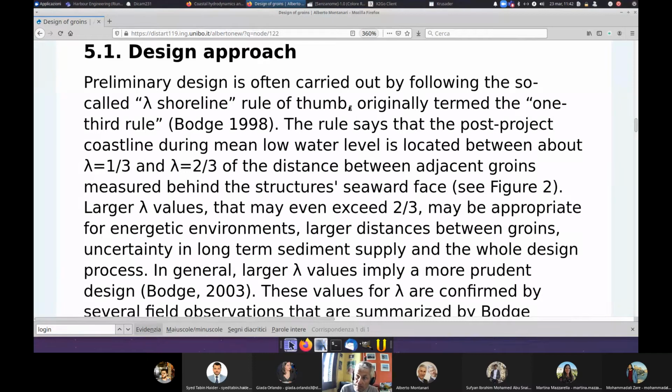Let me say that usually numerical modeling is not adopted for the design of small scale structures and facilities, because numerical modeling is good for getting an overview, but if you look into the details, for instance, if you have to design a single groin or a single couple of groins, the uncertainties are still very, very large.